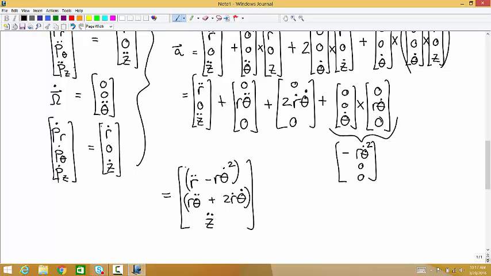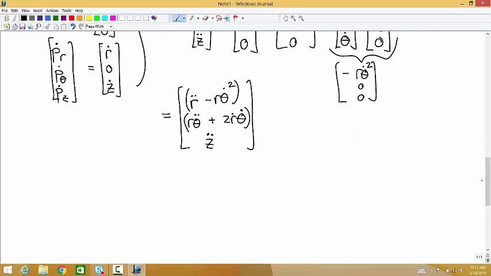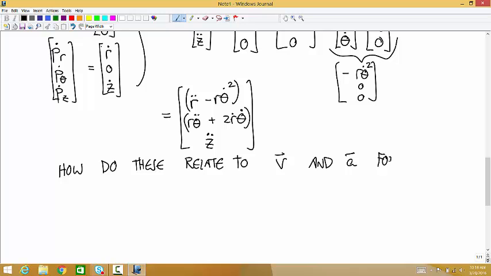Okay, so how does that relate to the acceleration we got for polar coordinates, and also the velocity? Yep, that's all it does. And why isn't there any weird stuff going on with the z component? It just shows up in velocity as a z dot, in the acceleration as a z double dot. Well, the other two are like Cartesian axes too.